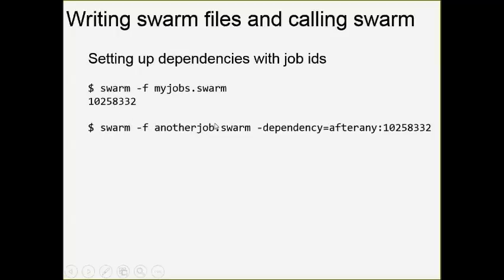So you've written another swarm script called another job.swarm, and you would give it this argument: dependency equals afterany. In other words, I don't care if you fail or you're successful, and this is the job ID to be dependent on. What that'll do is your second job will wait until the first job is finished executing before it starts running. Okay?